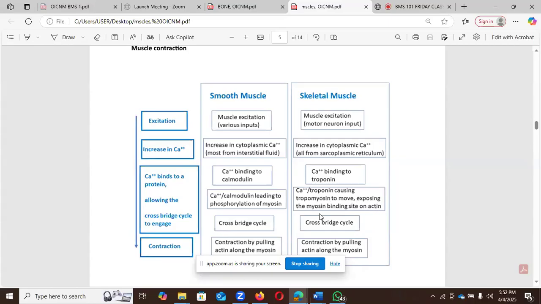And when myosin is exposed to the binding site of actin, a cross bridge will form and contraction will take place. So here you have calmodulin, here you have troponin, here you have myosin kinase, here you have tropomyosin. So you see the two differences.